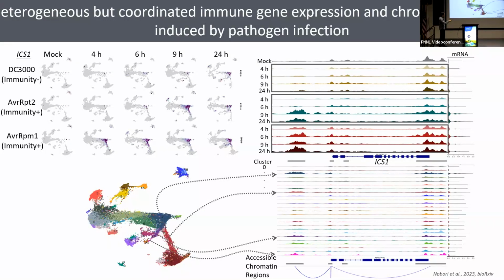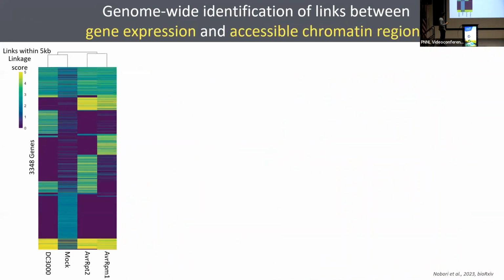This is just one example, but we've scanned the whole genome and whole transcriptome to identify tens of thousands of such statistically significant links between ACRs and genes. Here I summarized all those thousands of genes that had at least one link to at least one ACR in at least one of those conditions.